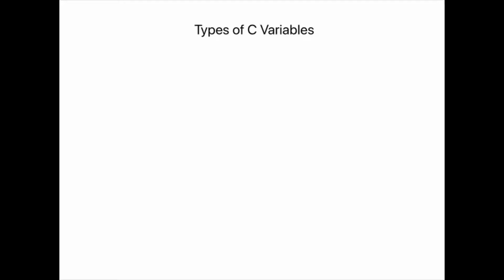Now we are going to see types of C variables. We know that variables are those entities whose values change from time to time. Okay, so we say that values change from time to time.